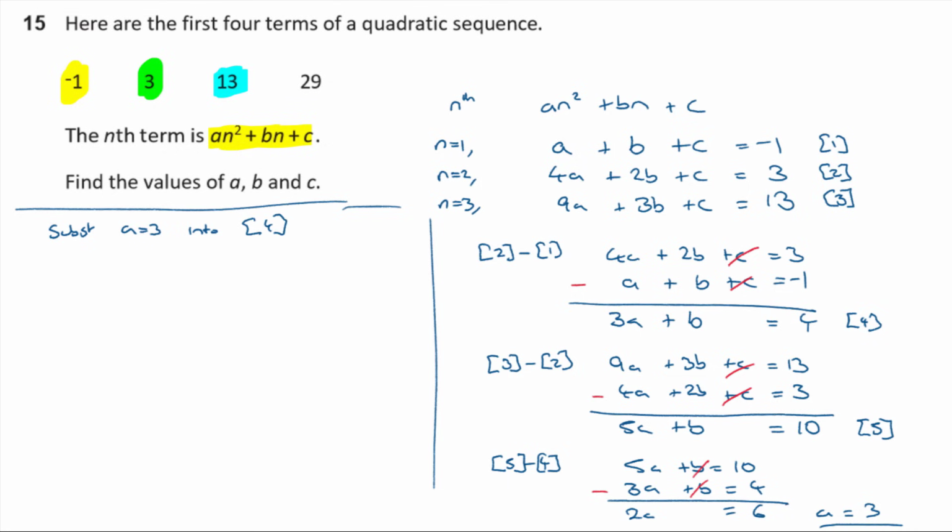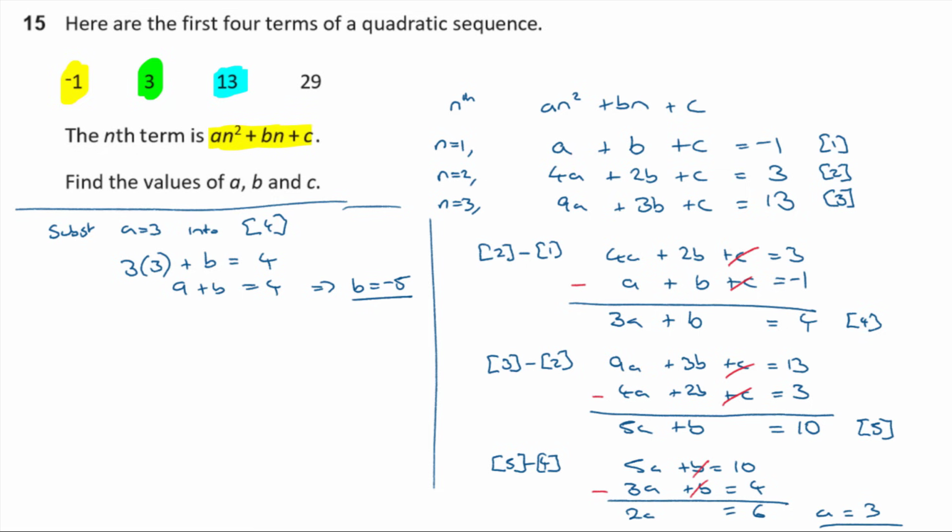Equation 4 was 3a plus b is equal to 4. So 3 lots of 3 plus b is equal to 4. So what does that make b then? 3 3s are 9, 9 plus b is 4. So taking 9 away from both sides, b is equal to 4 take away 9, that's minus 5, isn't it? Okay, so that tells me what b is.